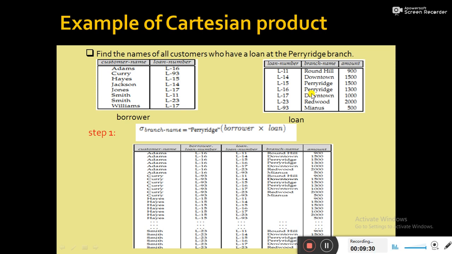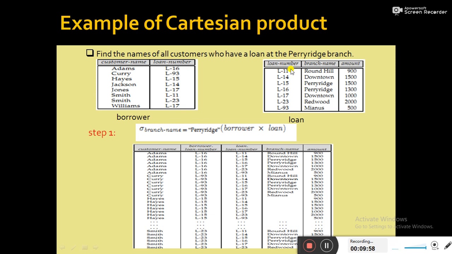But if you look at only the customer relation, we will not be able to identify which customer has a loan and which customer has an account. To find the customers who have a loan, we have to look at the loan relation. But if you look at only the loan record, you will not be able to get the specific customer name who has the corresponding loan.